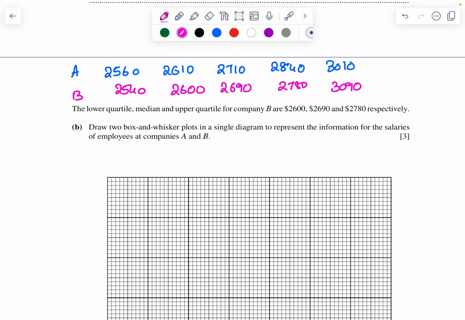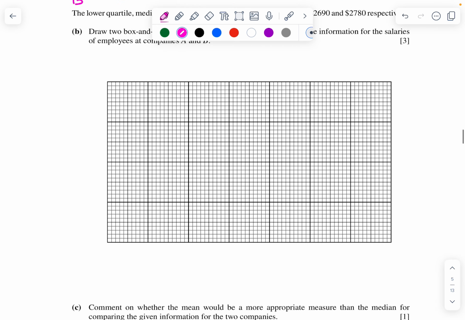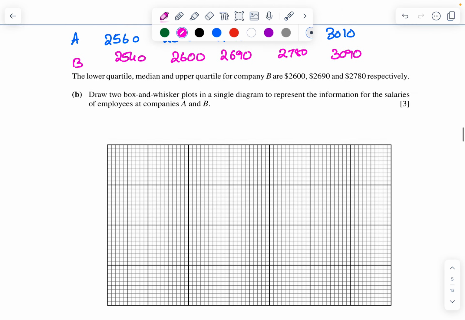Then I am going to draw the box plot for that. For that I should take the proper scaling, otherwise we will not be able to get that. Let me start the scaling, because we know the lowest value is 2540 and the highest goes up to 3100.